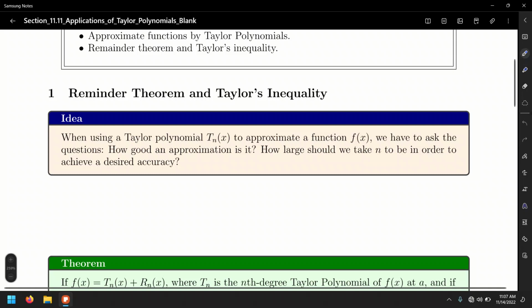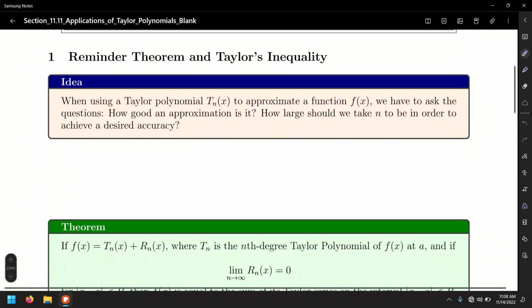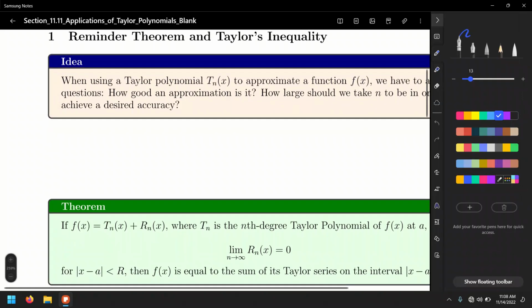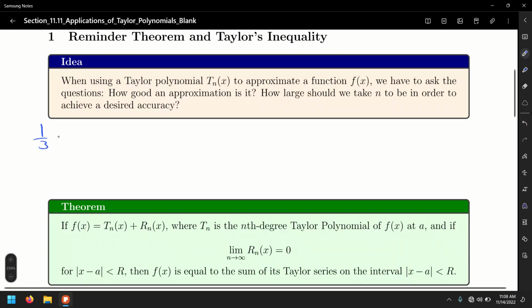Let me give you an example with numbers. For example, 1/3. What is 1/3 approximately equal to? 0.33, right? In this case, we don't use the equal sign.